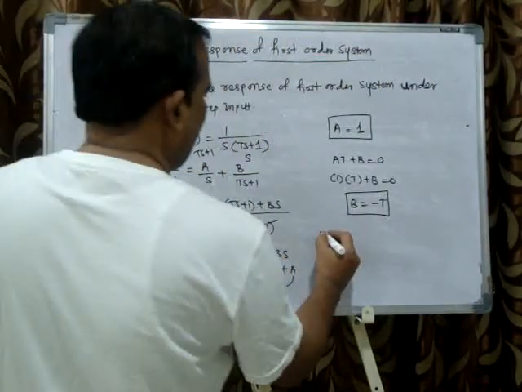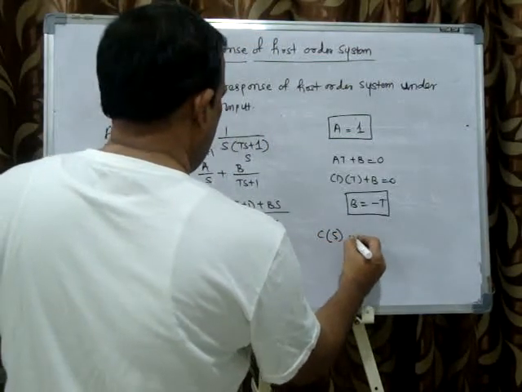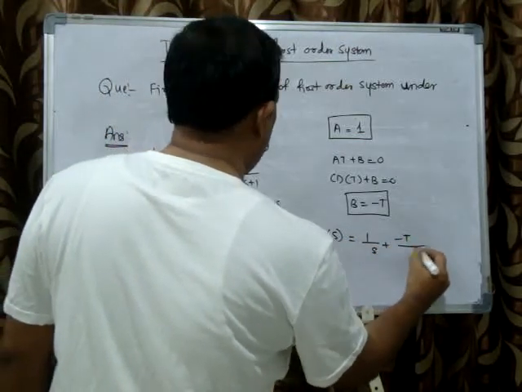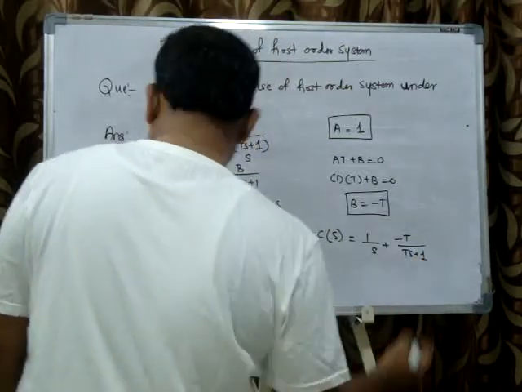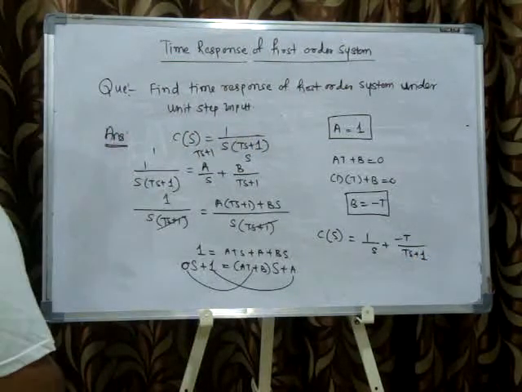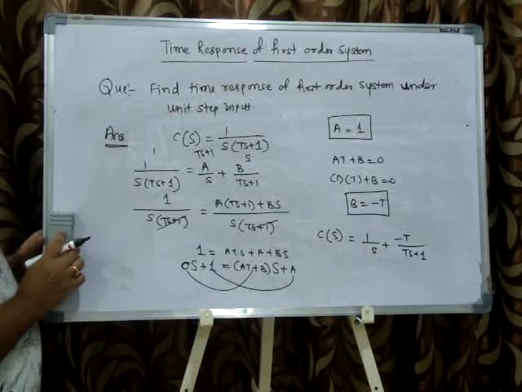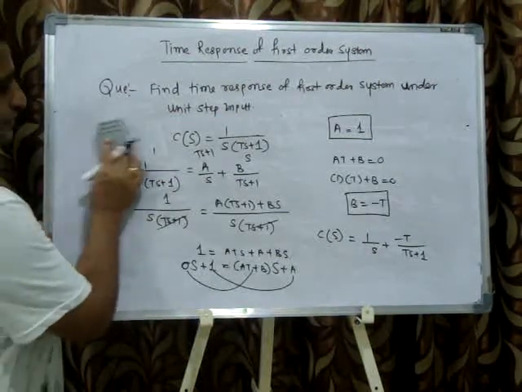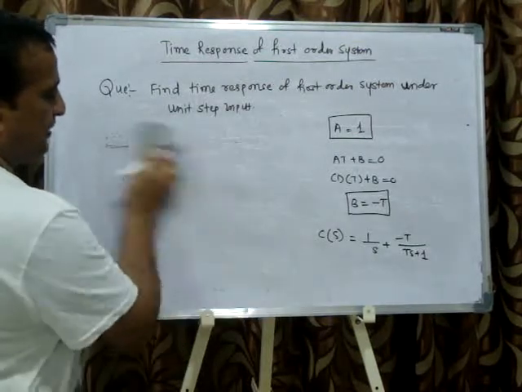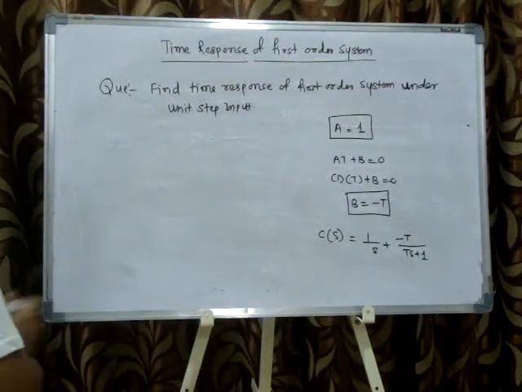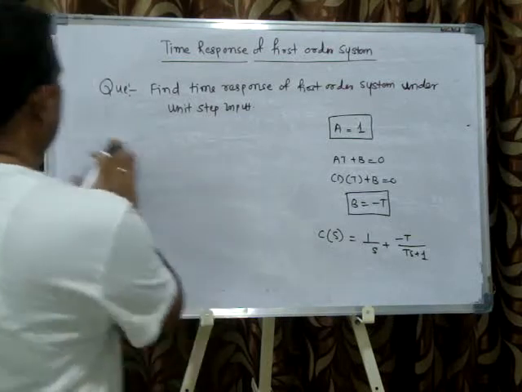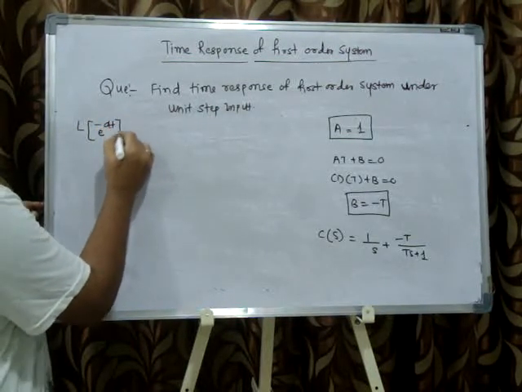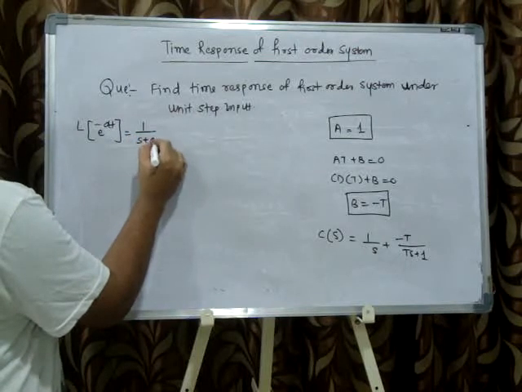Now the C of s equal to A, which is 1 by s, plus B, which is minus T by (Ts plus 1). But here you see, some modification is required because you know that Laplace of e raised to minus at equals 1 by s plus a.